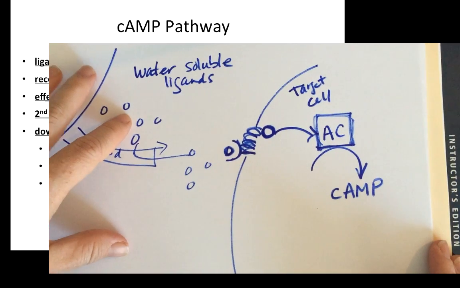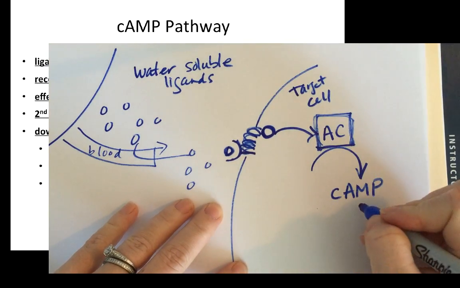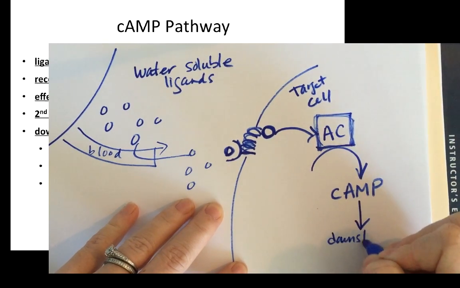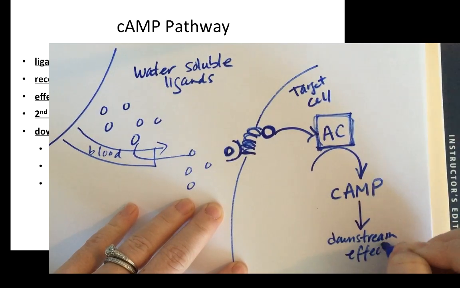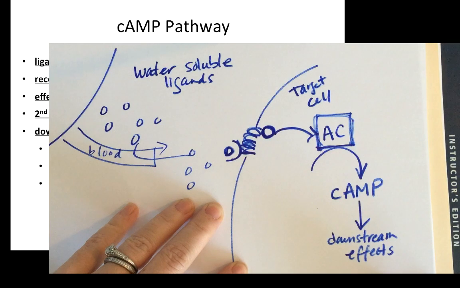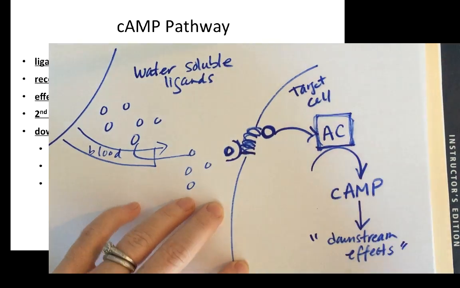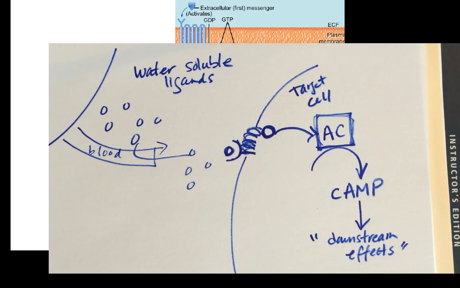I'll move this over a bit so you can see it. Cyclic AMP then will have many downstream effects on the cell, which can include increasing activity of the cell, growth of the cell, activating proteins of the cell, and we have a picture for you here, which we will add to the drawing.